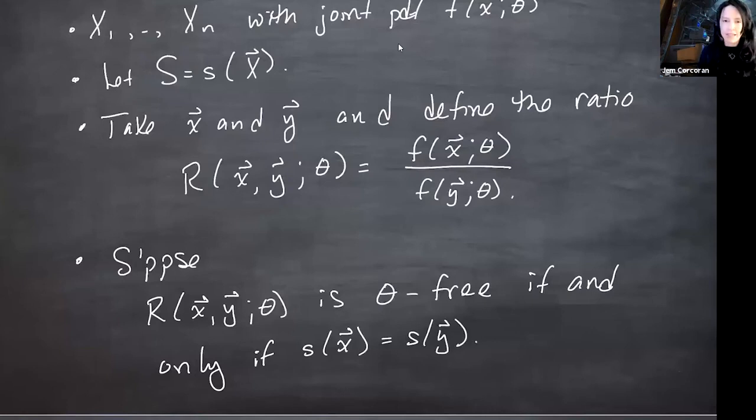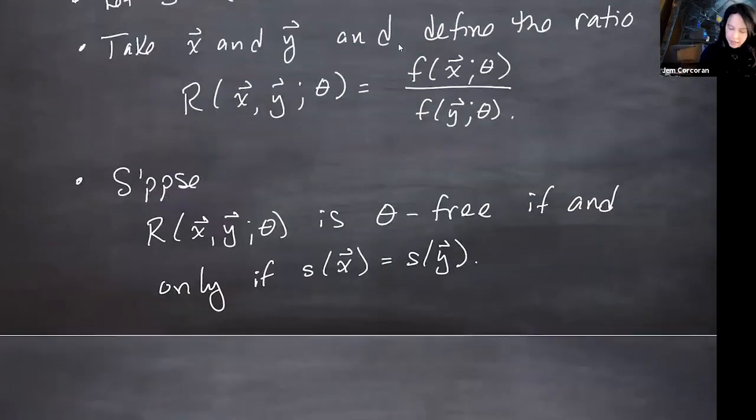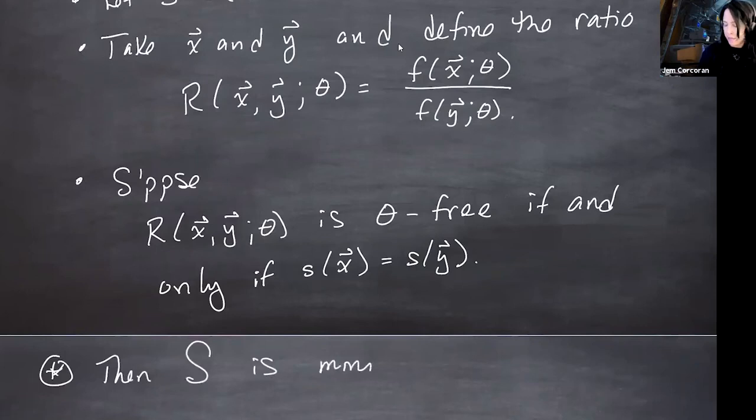So that's not something to show. It almost looks like something to prove, right? Starting with one, you get the other and back. But this is actually an assumption of the theorem. And here is the punchline. Then S is minimal sufficient.